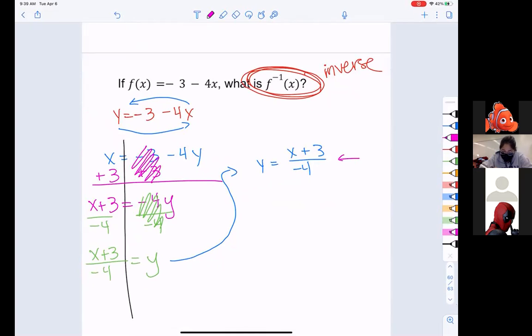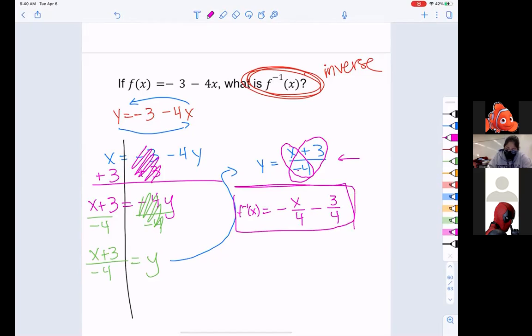But when we separate this one, we have x divided by -4, and then we have 3 divided by -4. So we have y equals, so that negative sign right here is going to stay with each fraction. So you're going to have -x divided by 4, then 3 divided by 4 is going to be negative now because you have a positive and a negative, and that makes a negative. So 3 divided by 4. So this would be your answer. We would switch this y to f inverse of x.